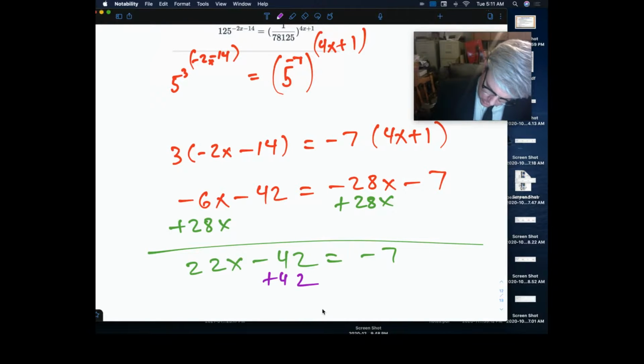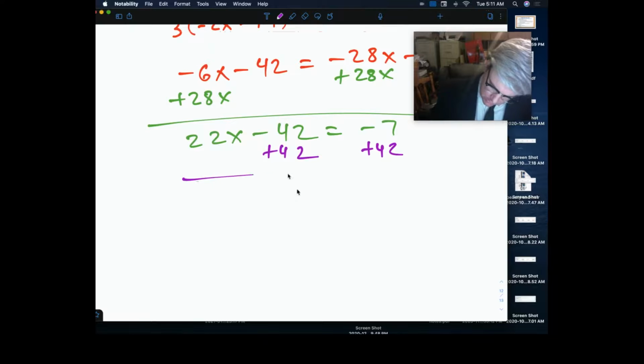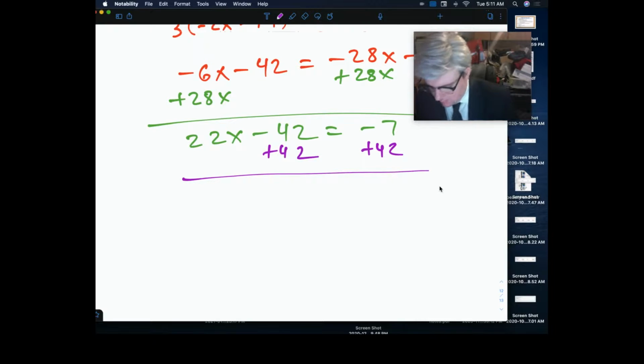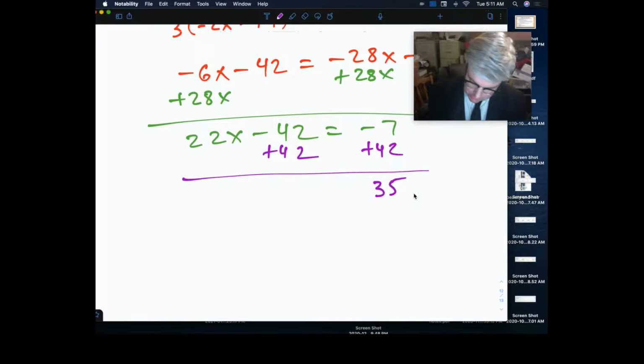Add 42 to both sides. By the way, 42 is 6 times 7. So if you have 6 times 7, you lose one 7, that's the same thing as 5 times 7, which is 35. Or 42 minus 7 is 35. And x is 35 over 22.